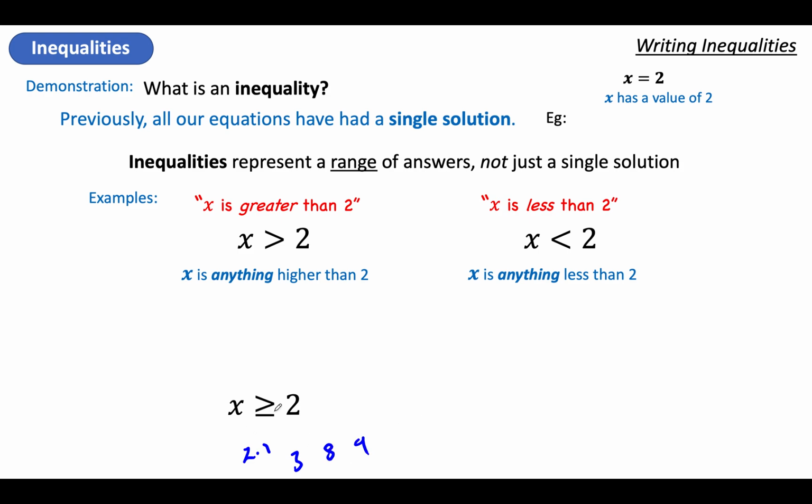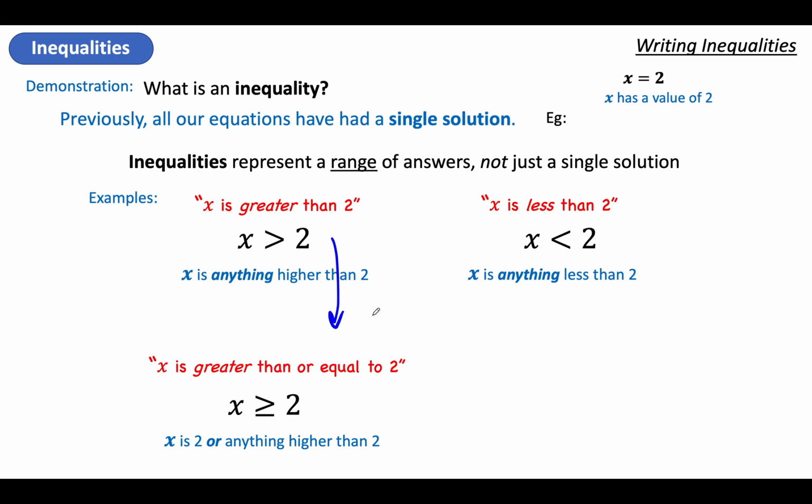But this extra line underneath means that x is greater than or equal to 2. So in my list of things for this one, 2 is included. Basically, x is either 2 or anything higher than 2. It's just like the first one, except we've got a bonus bit of the other line, which means that x is not just potentially bigger than 2, it includes 2.